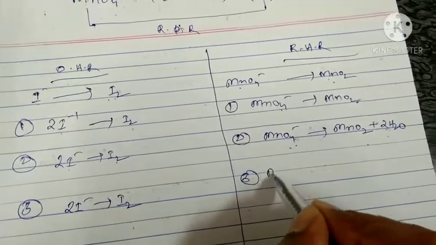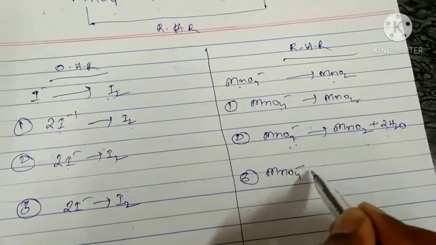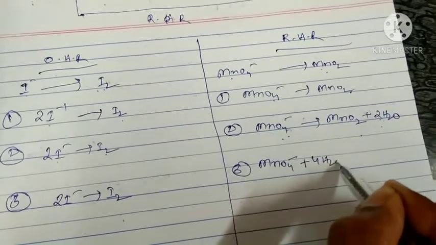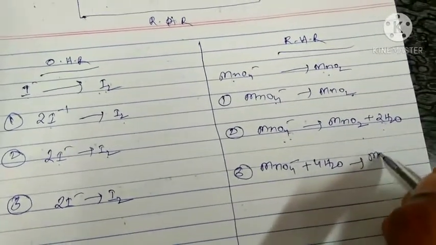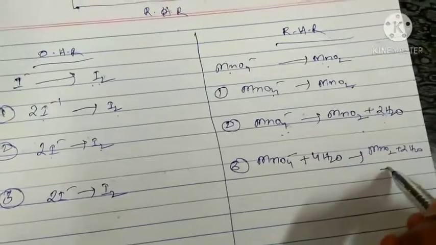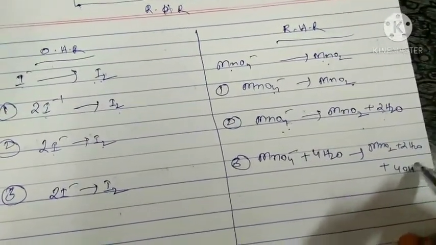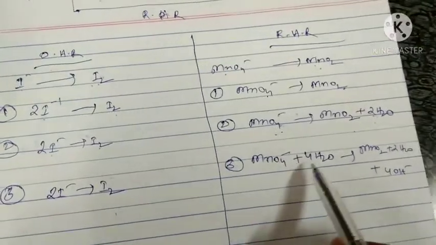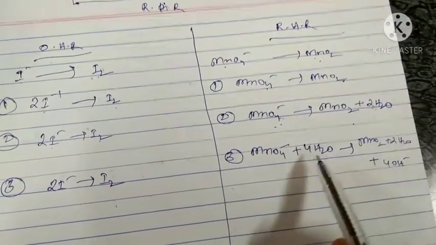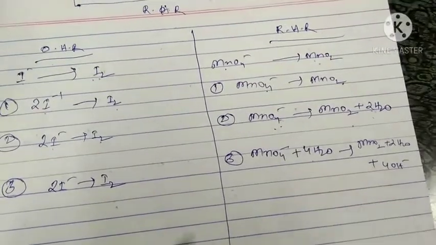So, see this reaction carefully: MnO4 minus plus 4H2O gives rise to MnO2 plus 2H2O plus 4OH minus, because after adding H2O to the left side, we add the same number of OH minus ions to the opposite side, the right side.